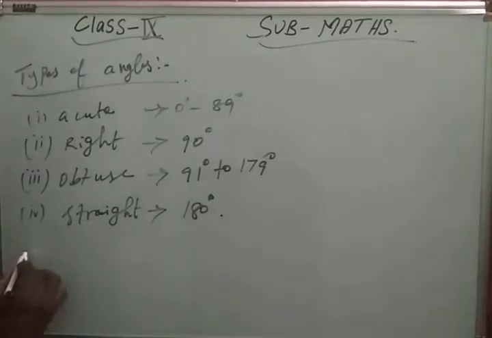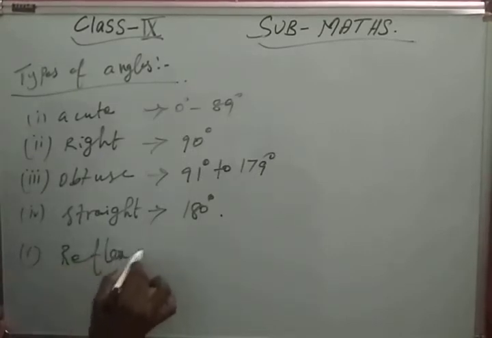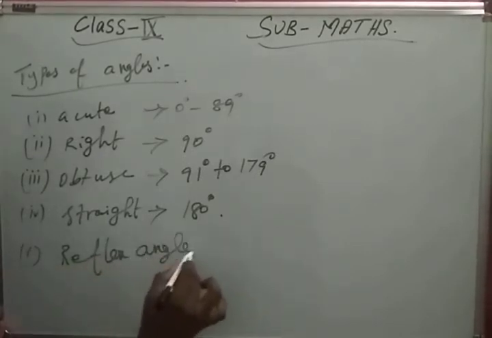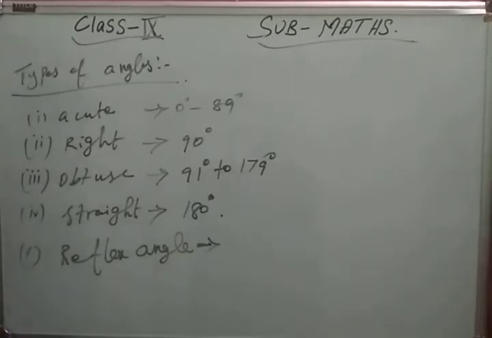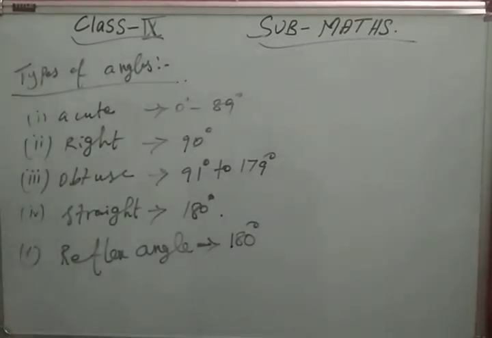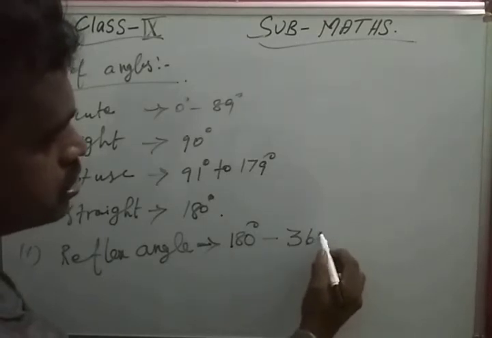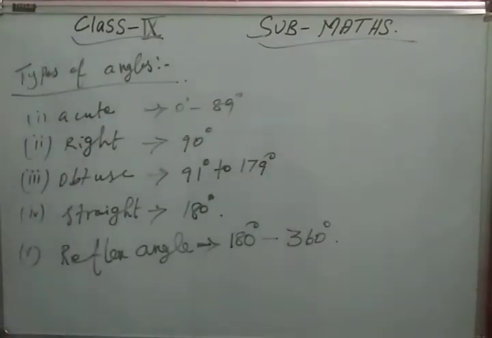This also you may have learned, but I am going to tell one more angle, that is the reflex angle. Maybe you know it before itself. Those who do not know, I am going to tell you. The reflex angle is from 180 degree to 360 degree.